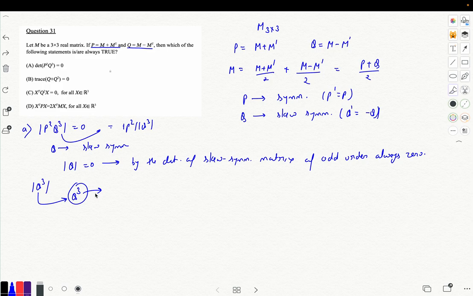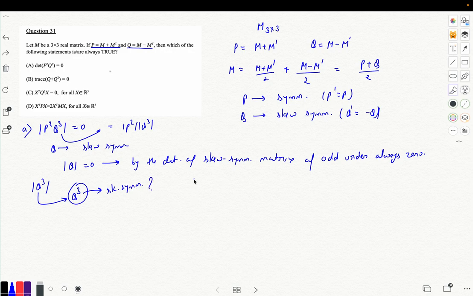If it is a skew symmetric matrix, then its determinant is also going to be 0, because it will also be a 3 cross 3 matrix, that is, an odd order matrix. So what we need to check is whether this Q cube is skew symmetric or not.